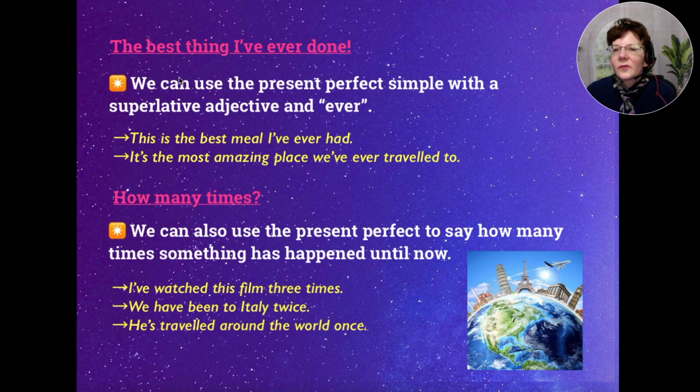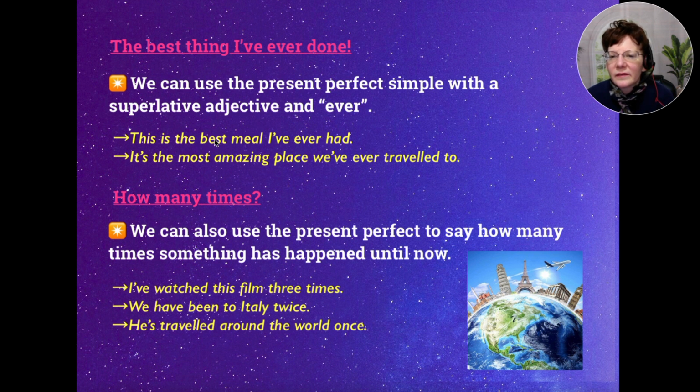Okay. Let's talk about this one. The best thing I've ever done. We can use the present perfect with a superlative adjective and ever. All right, for example, this is the best meal I've ever had. Okay, so superlative best. So this one's irregular.